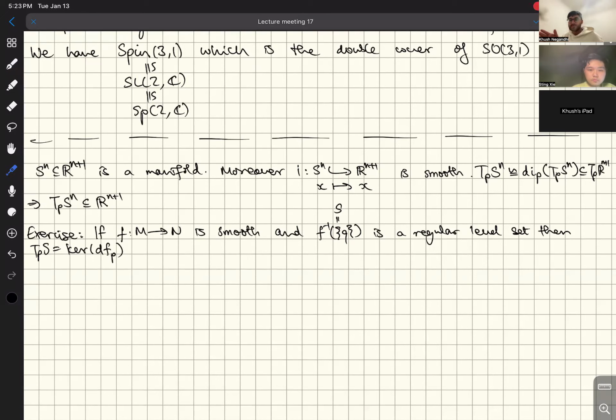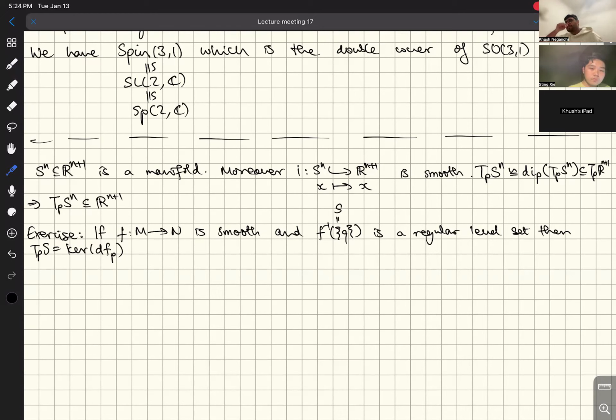You're not on the level set anymore, so the derivative can't be zero. But if you're on the level set, the function is constant, so when you take the derivative, it's zero. So taking derivatives in the direction of the submanifold should give you zero. Does that make sense?